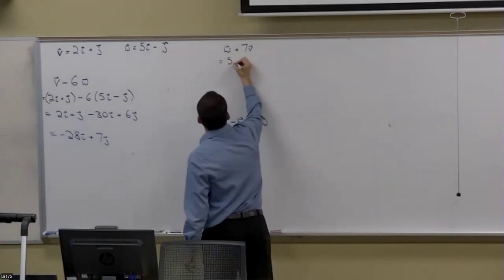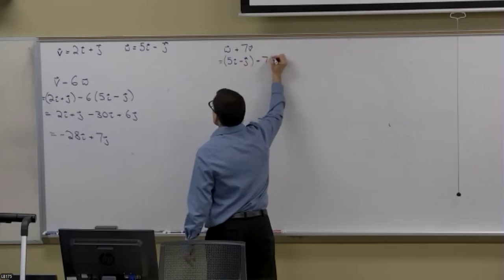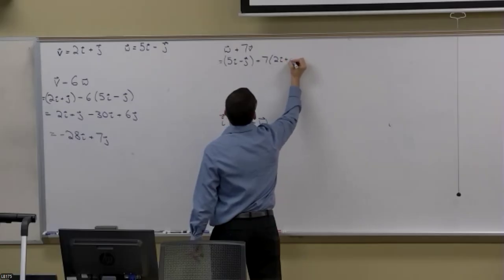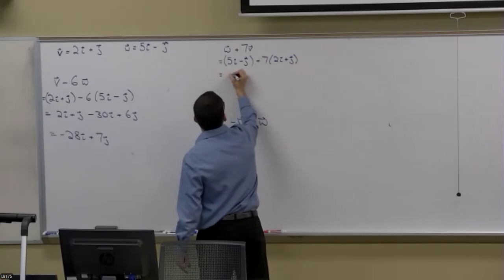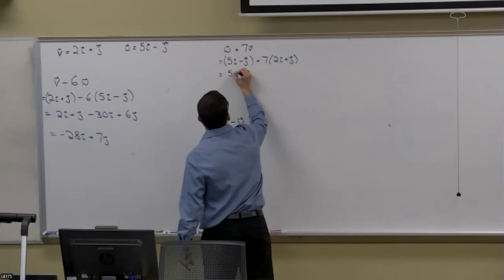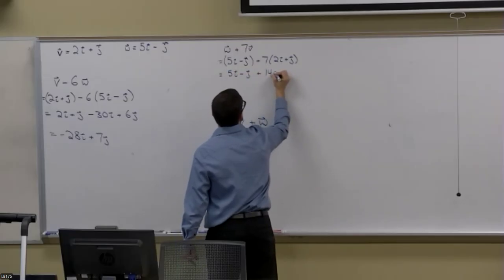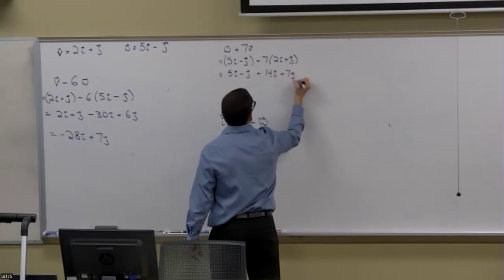We're going to do 5I minus J plus 7 times 2I plus J. 5I minus J plus 14I plus 7J.